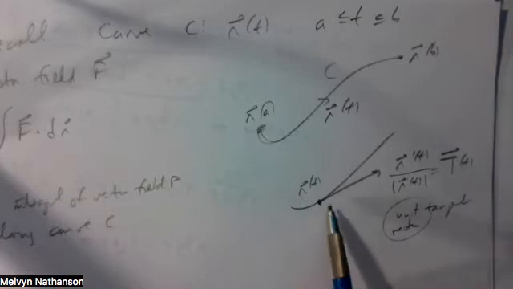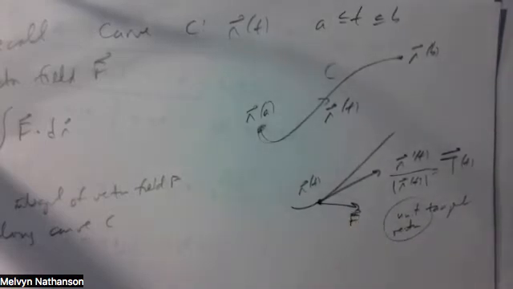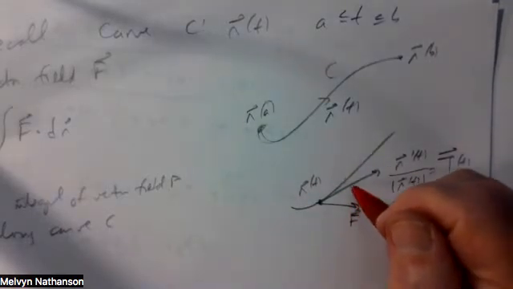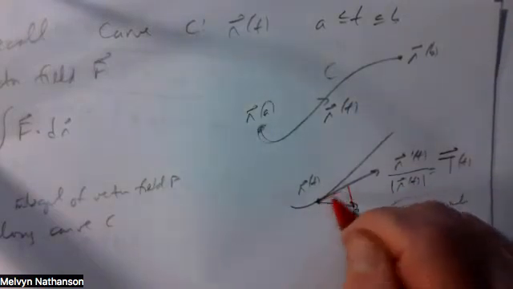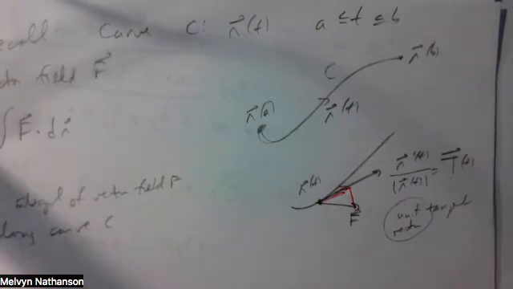And at this point also, we have the vector field F. What we want to do is take the component of F in the direction of the unit tangent vector.